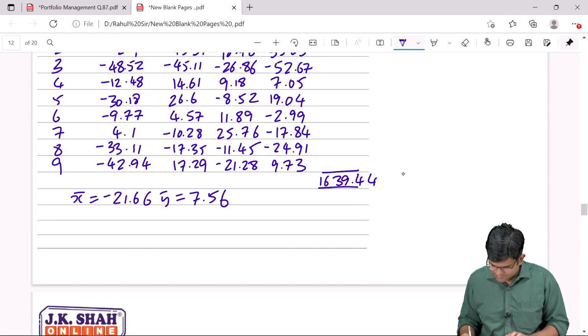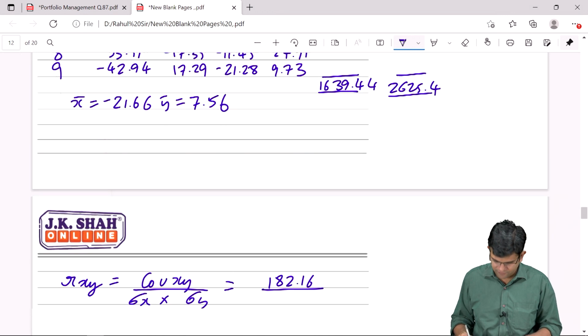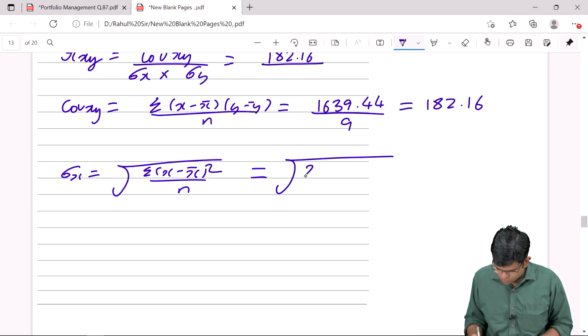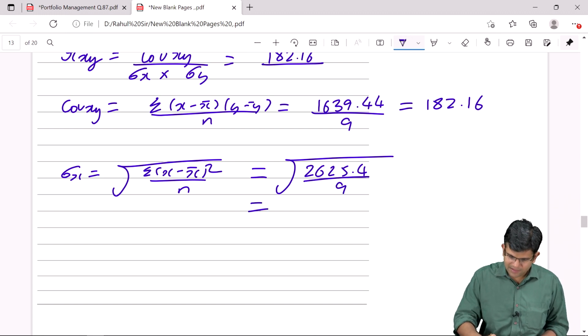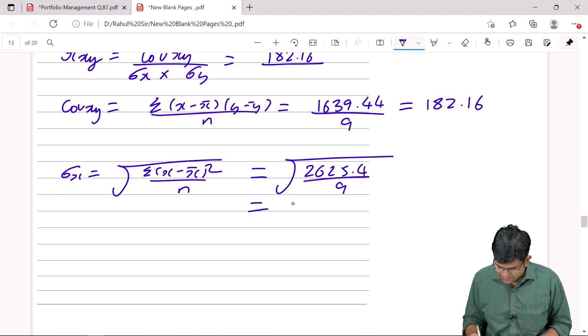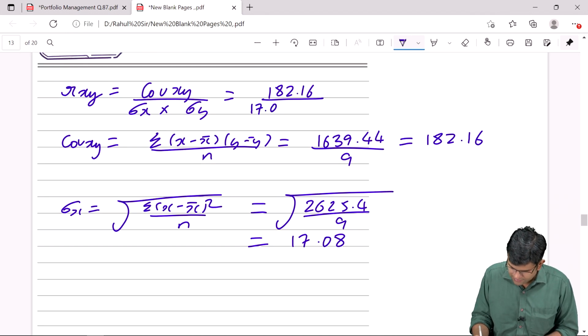MRC, and this comes to 2625.4. So this is 2625.4 divided by 9 under root. If I divide it by 9 and then press the root sign, I get 17.08, which I'll place here.